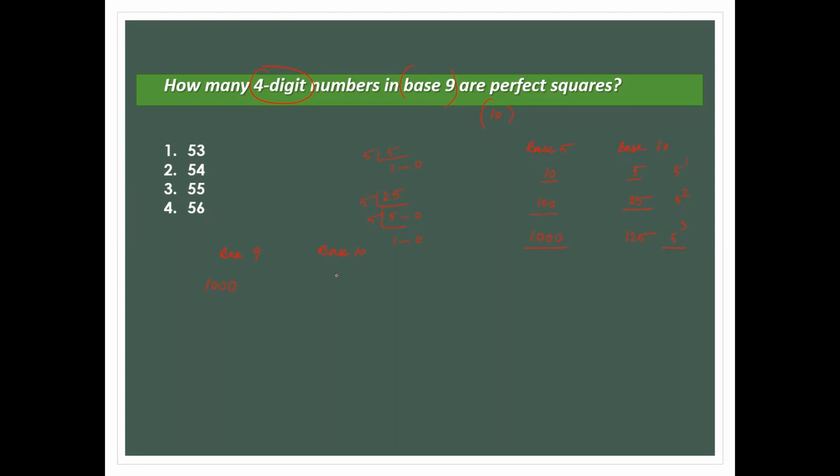So can I say that this is going to be nothing but 9 cube in base 10, which is nothing but 729. Okay, now the next one that I can easily figure out is going to be 9 to the power 4. Correct? I think this we can easily figure out using this pattern.